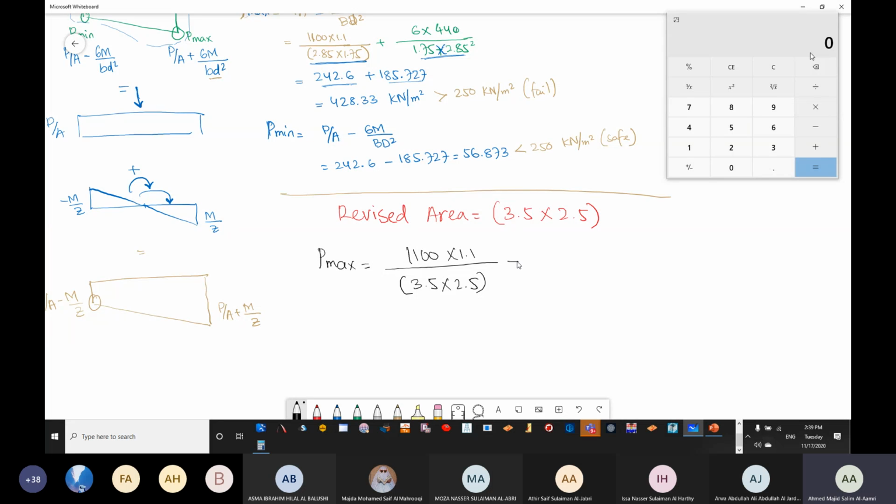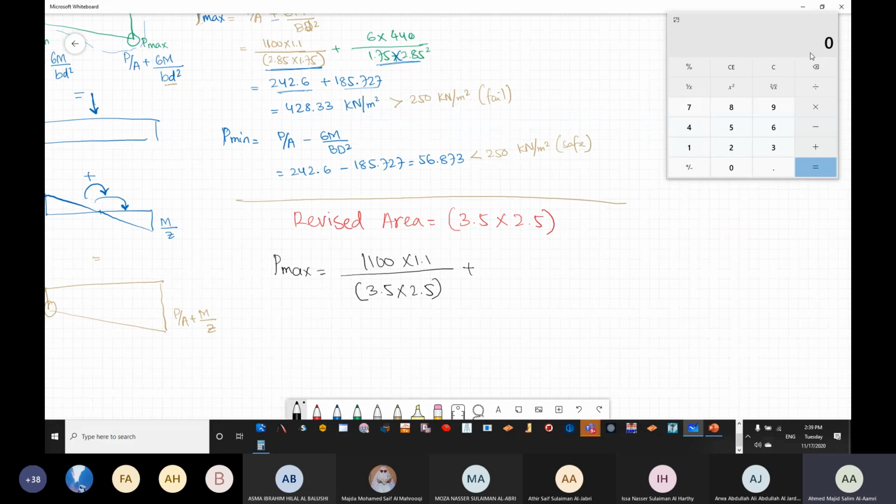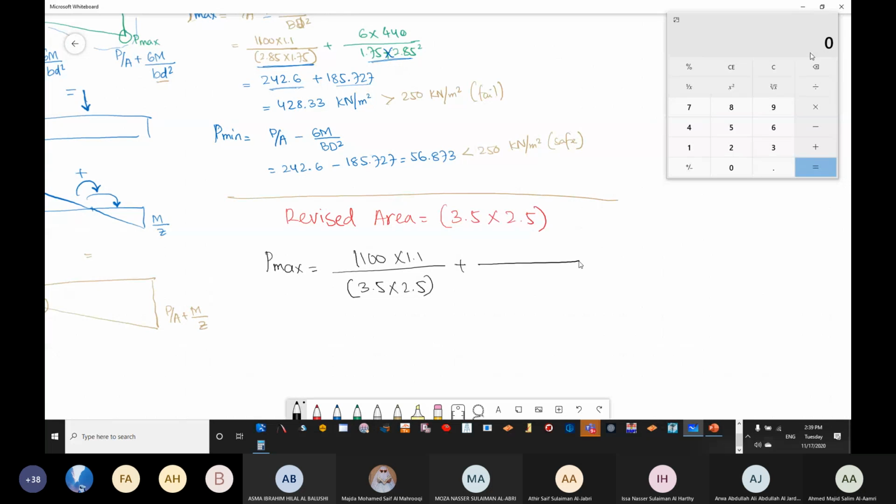If your pressure is not safe, it means that your foundation will sink inside, and you don't want that to happen. I already explained that the loading should be lesser than the safe bearing capacity of the soil, if you remember. So 6 into 440.